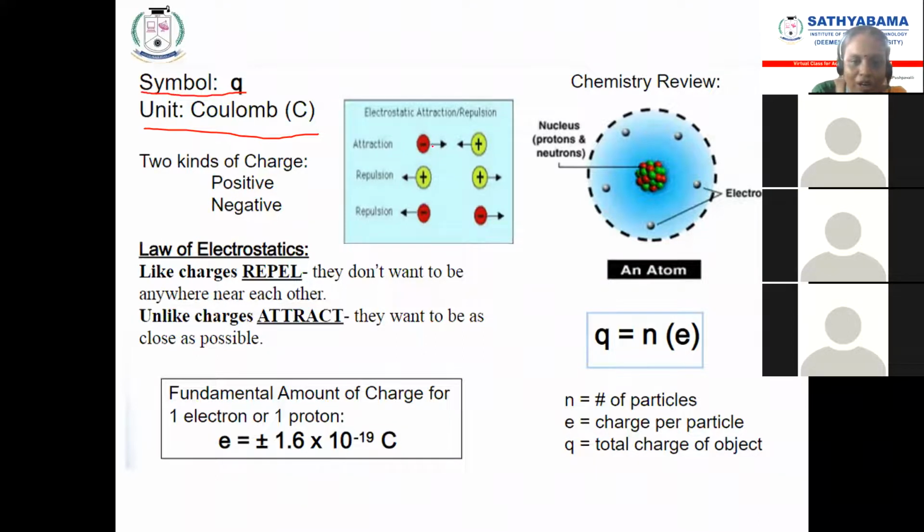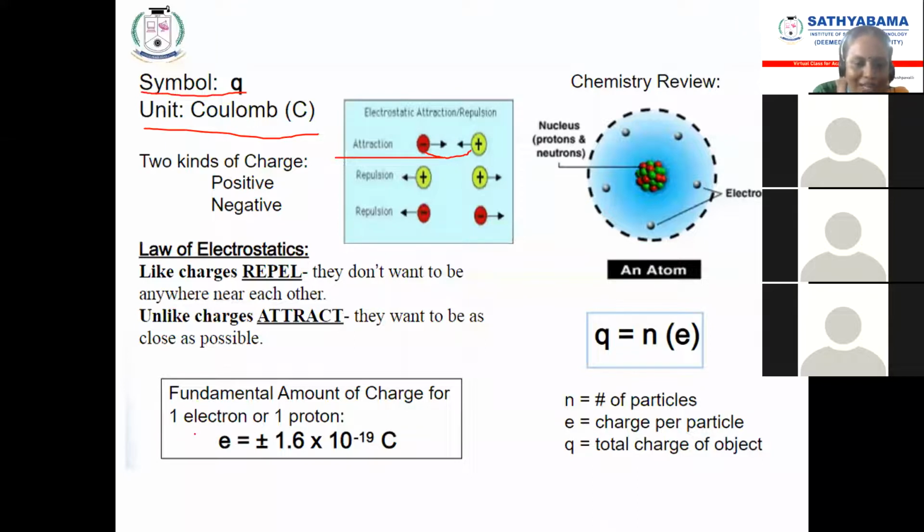Two unlike charges will attract each other, and two like charges will repel, whether positive or negative, both will repel each other. And in chemistry you have studied in an atom, you have protons and neutrons, you have an outer shell, you have electrons.